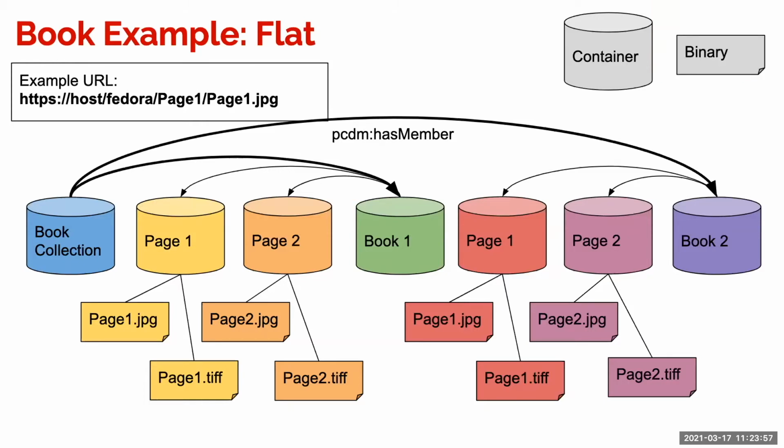David, there is just a question in the chat there. It says, how are language siblings of the same content connected in Fedora? So I might need a little bit more context on that question. I'm not sure exactly what you mean by language siblings, language versions.